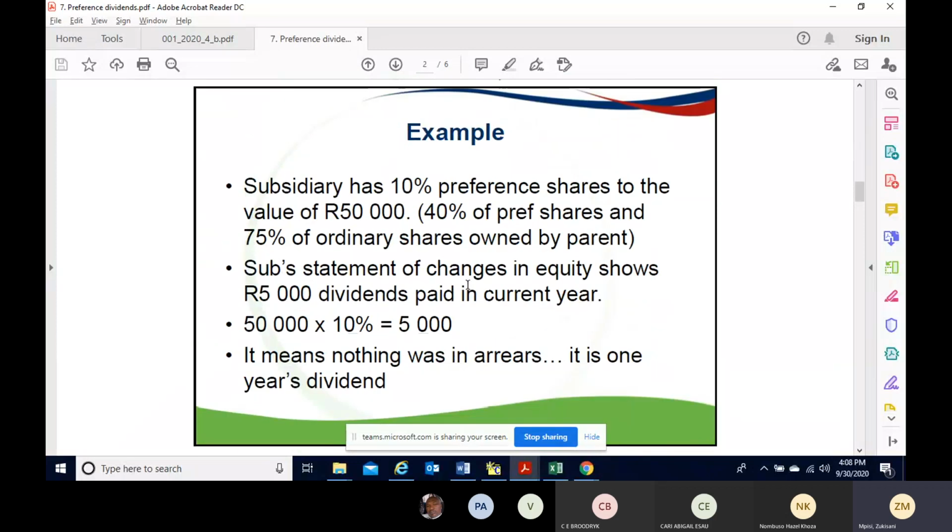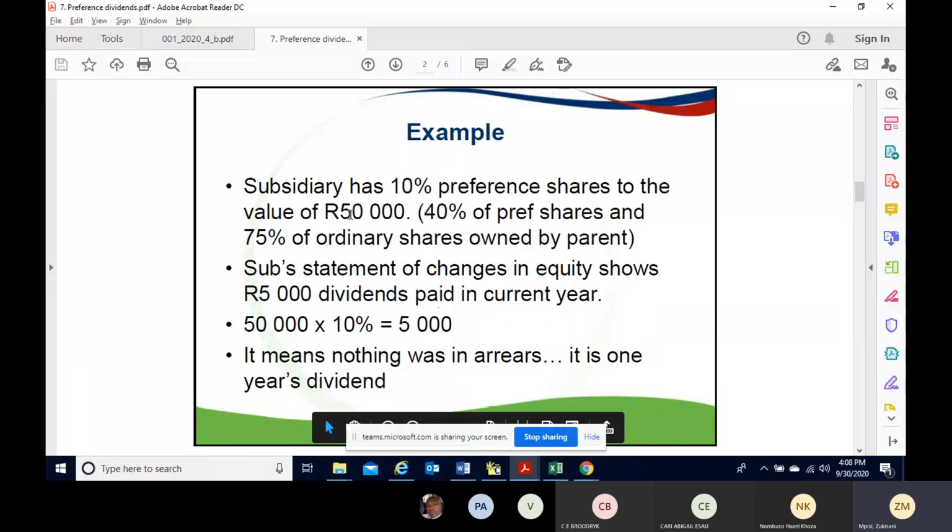So here's an example. A subsidiary has 10% preference shares to the value of 50,000, with 40% of the preference shares and 75% of the ordinary shares owned by the parent. In the statement of changes in equity of the subsidiary, you will have 5,000 dividends paid in the current year.